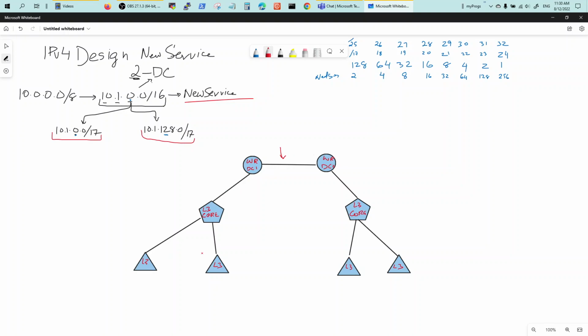We're just deploying this new service, probably a new link to an L3 core, and even that is, for example, most likely it will exist, but just for the sake of designing this V4 addressing scheme, we'll just address all the links here.